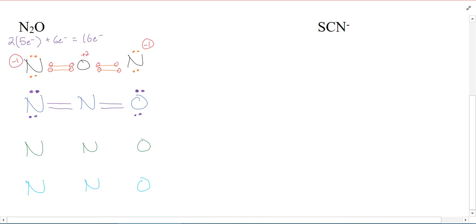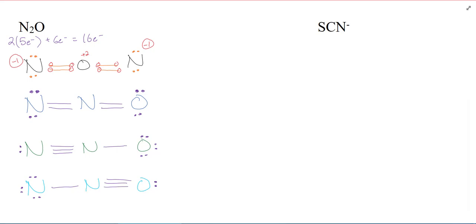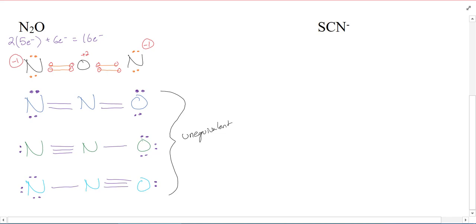In green, let's triple bond the end. 2, 4, 6, 8, 10, 12, 14, 16. And in light blue, triple bond the N and O. 2, 4, 6, 8, 10, 12, 14, 16. So now I have 3 valid Lewis structures. And technically speaking, these 3 are all inequivalent resonance structures.